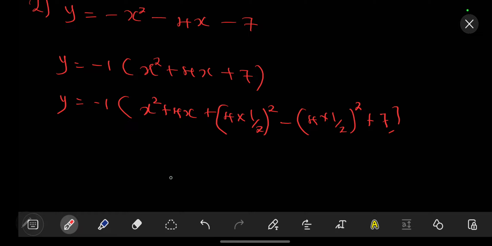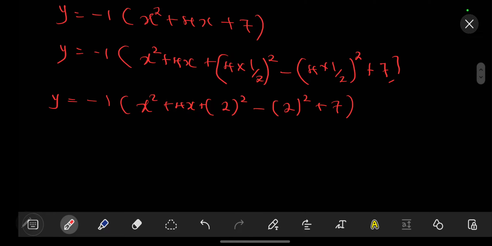Then when we do this, we are going to simplify it. So y is equal to negative 1, then x squared plus 4x. Half of 4 is 2, so plus 2 squared minus 2 squared, then plus 7. When you reach this stage, y is equal to negative 1, then pick those that have squares, and here we have a positive.